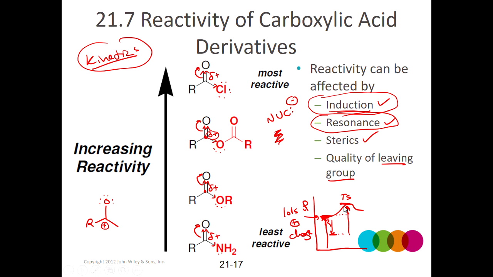It wouldn't happen as often. It would be less reactive kinetically the more stable you make the carbonyl carbon. And so this is where we actually start to see some differences. The acid halide stands out as the most reactive kinetically.